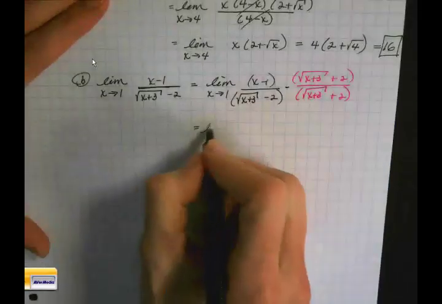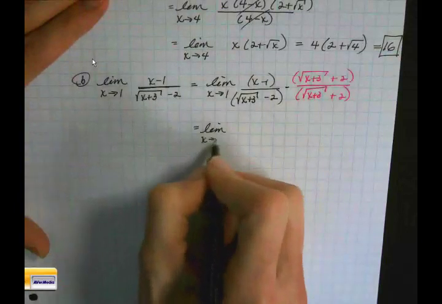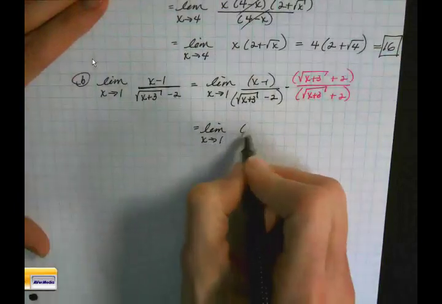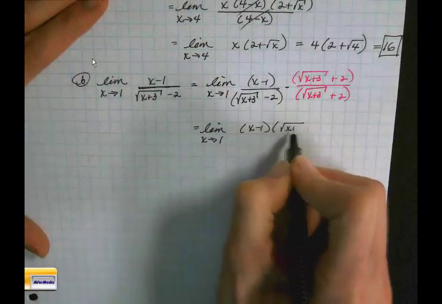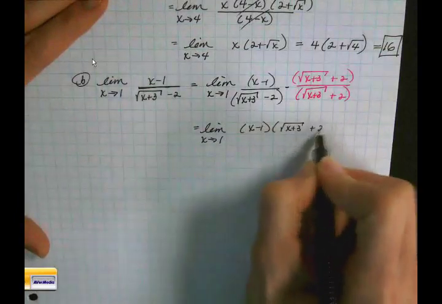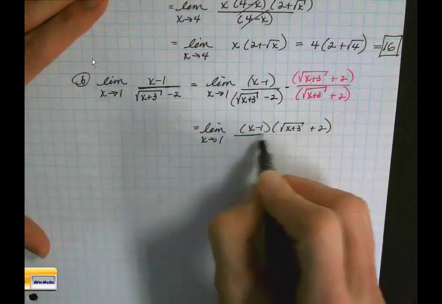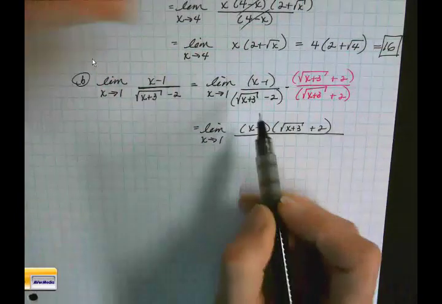Okay, so what does this turn out to be? This is the limit as x is approaching 1. I'm just going to write the whole numerator. I'm not going to change it. I'm just going to leave it alone for a few minutes. Later I might have to factor, you never know. This denominator is where it's getting ready to get fun.